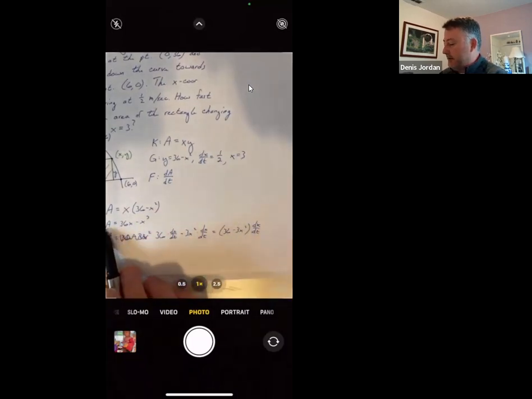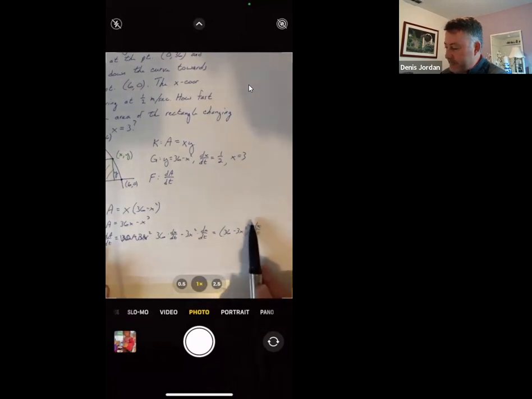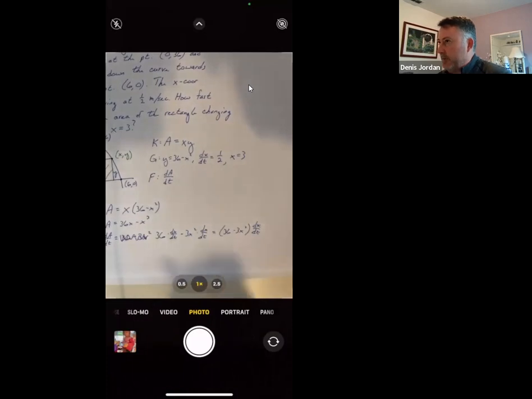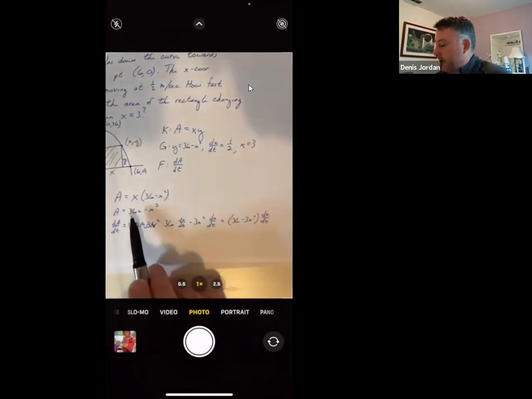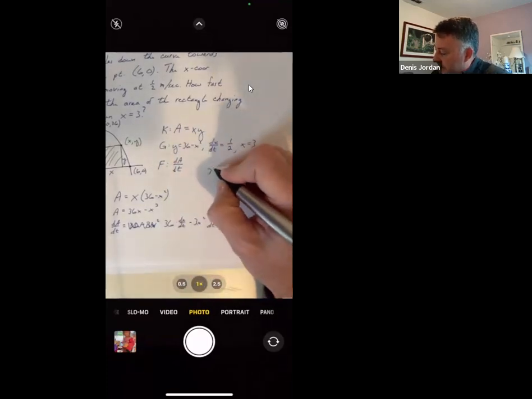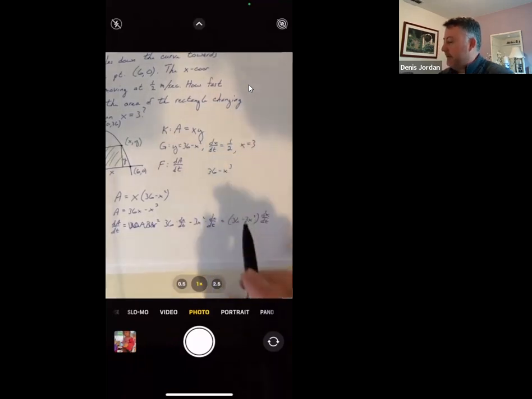So you can go from the area equation straight to a derivative and multiply the whole quantity by dx/dt. That's only because every term had an x in it. Let's say it was just 36 minus x to the third.